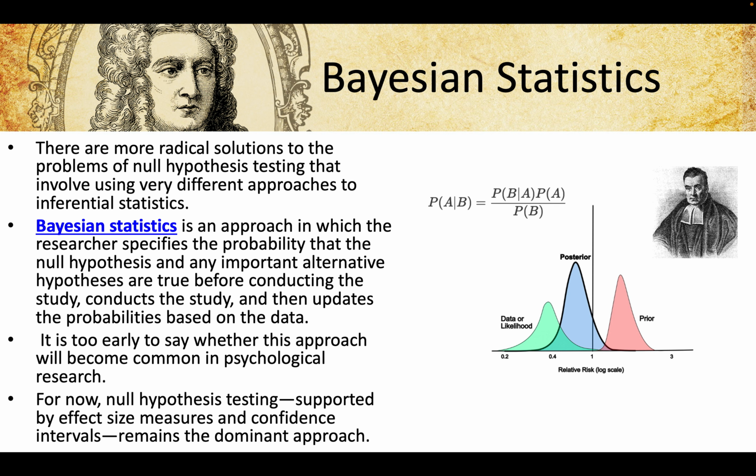It is too early to say whether this approach will become common in psychological research. For now, null hypothesis testing supported by effect size measures and confidence intervals remains the dominant approach.